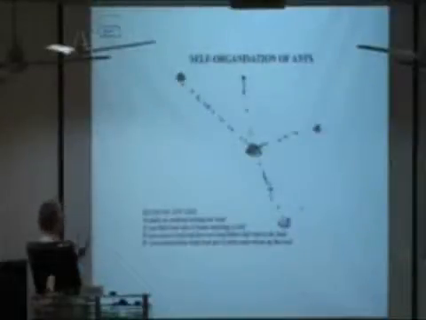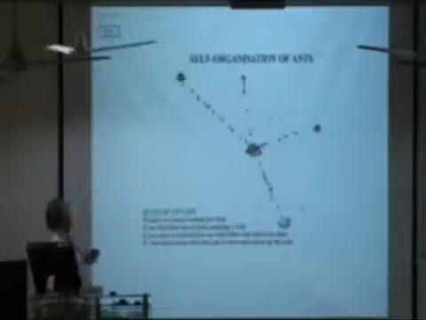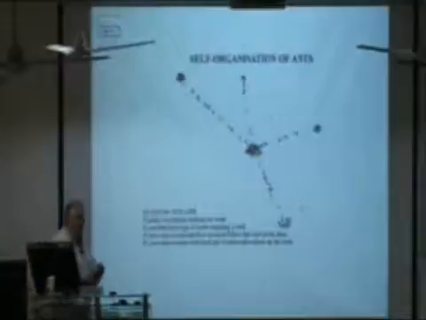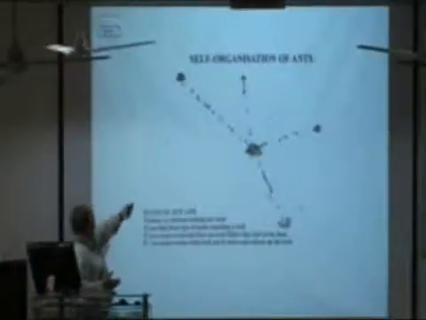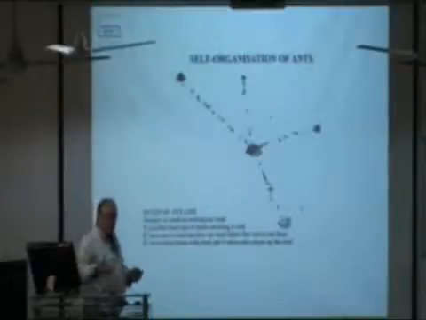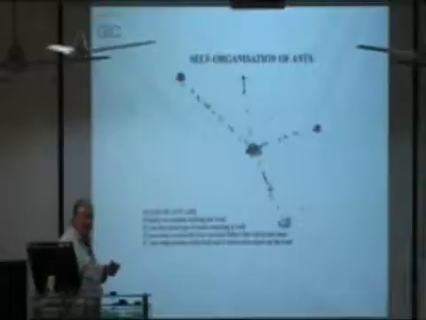Now I'll go back to where I was, another example of self-organisation. This is of a living system, and this is the self-organisation of ants. As you know, ants self-organise to form these long columns with which we're all familiar. This occurs not because somebody is giving instructions to the ants, but because ants lay down trails of chemicals called pheromones, which attract or repulse other ants.